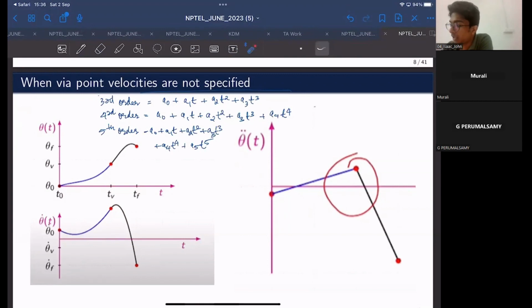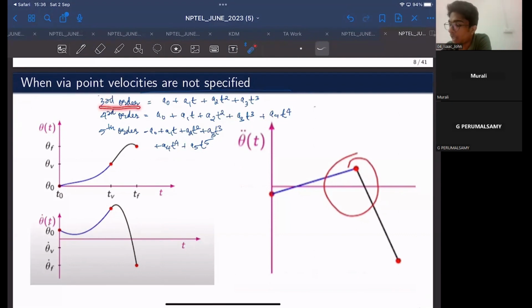So the reason we would only go with odd order polynomials is this: for an odd order polynomial, how many unknowns do we have? How many coefficients do we have?